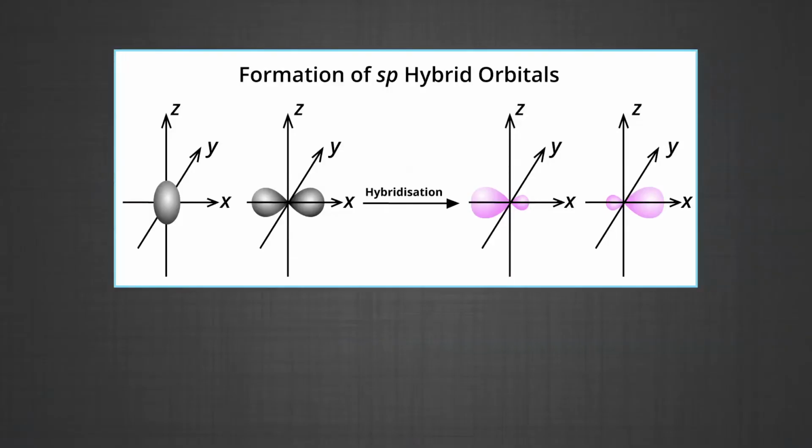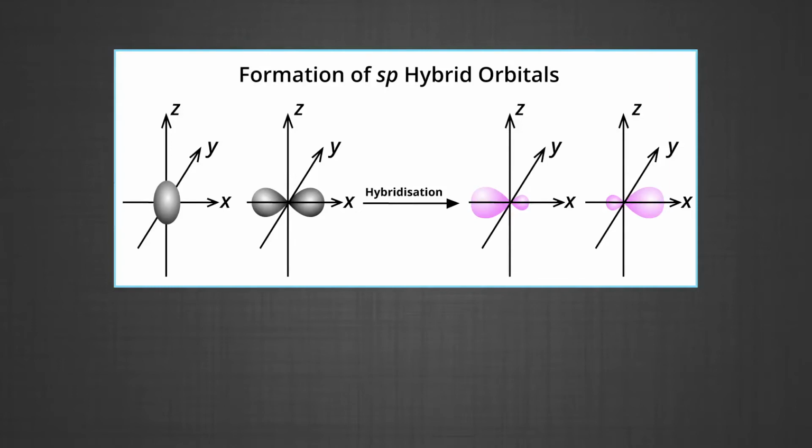Now, the types of hybridization. There are various types of hybridization involving s, p and d orbitals. The different types of hybridization are as under. Let's discuss each with an example. The first one is the sp hybridization. This type of hybridization involves the mixing of one s and one p orbital, resulting in the formation of two equivalent sp hybrid orbitals.